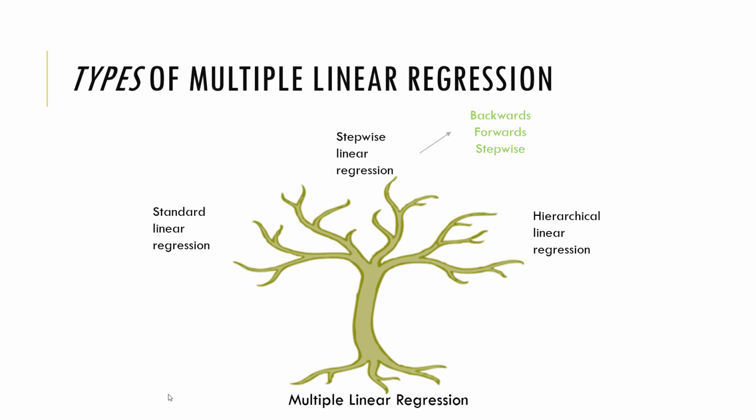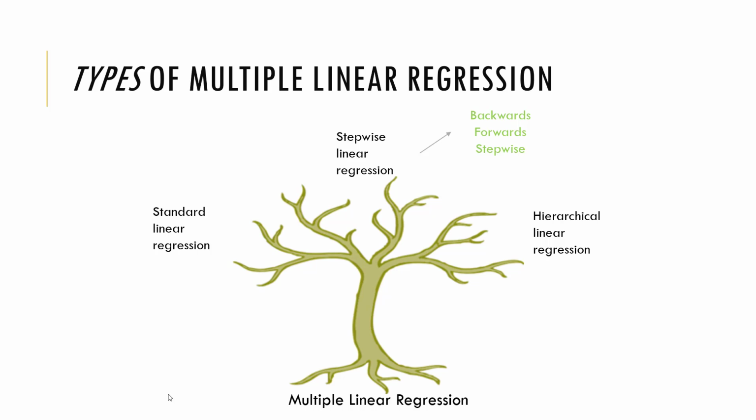So if you want to control for some initial variables that you think are going to affect your outcome, but you're not actually interested in them, then you can use hierarchical linear regression. The difference with this is that you enter your predictors in the order that you want, based on your theory, and you enter them into different blocks. So if you want the regression to take into account your confounding variables first and get them out of the way, you'd enter them in the first block of predictors.